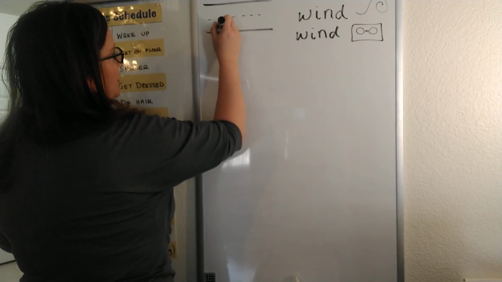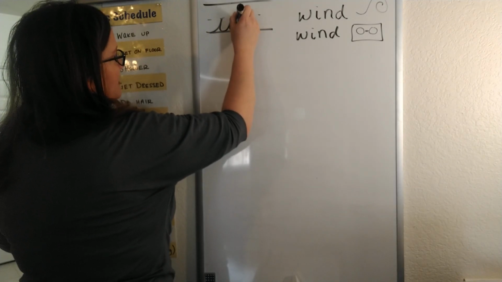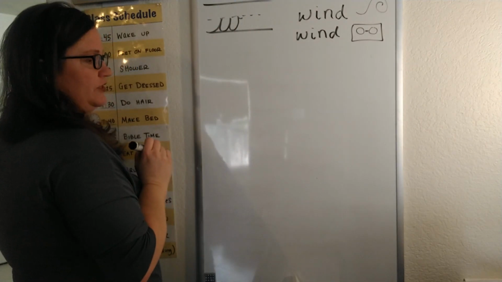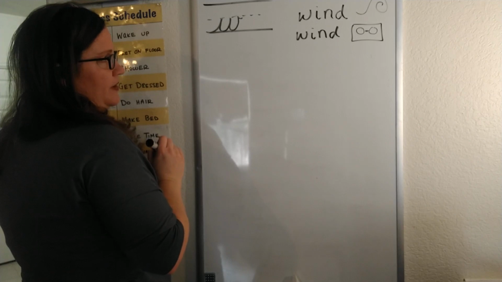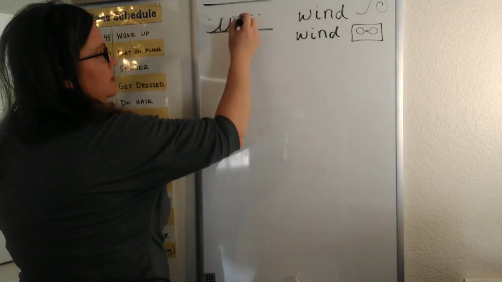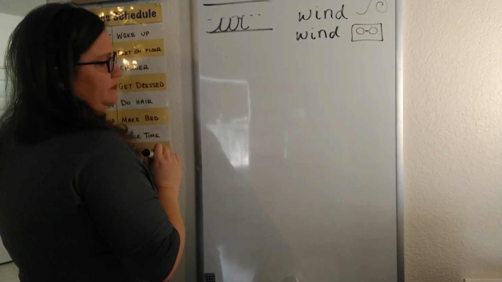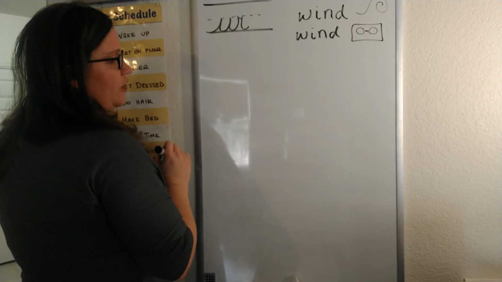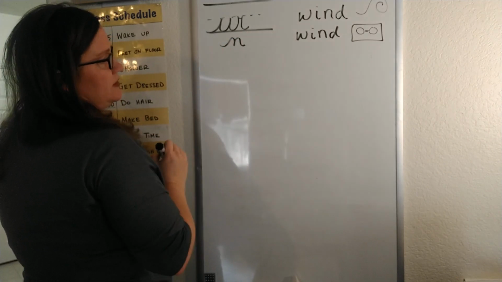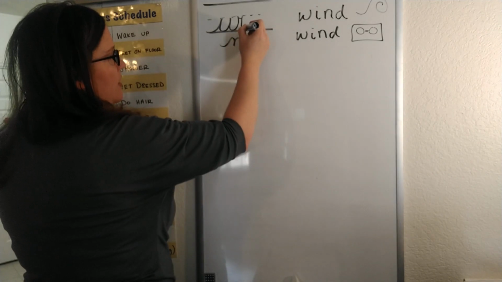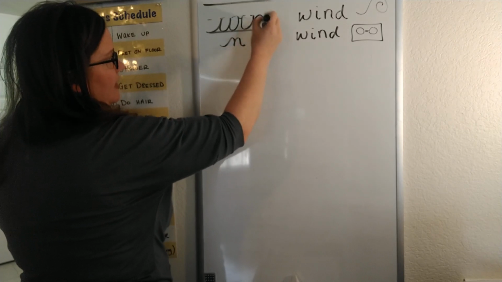Up to midline, bump at baseline, up to midline, bump at baseline, and a ponytail for your W. I is also an uphill letter, but we're already up the hill, so we're just going to go down to baseline. N is an uphill letter or a bump letter. If you're doing a bump, it would look like this. I'm just going to do it as an uphill, so up to midline, straight to baseline, bump at midline, and a tail.